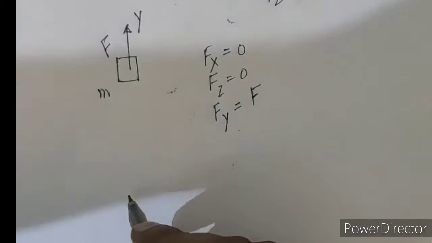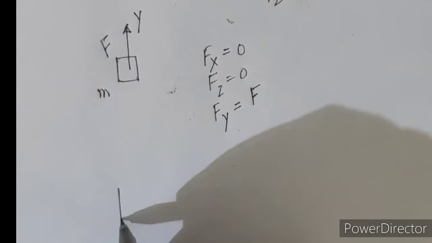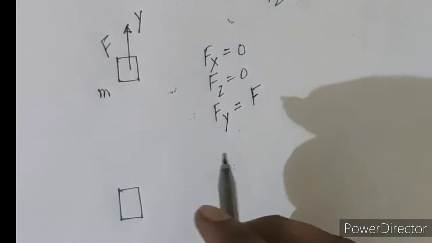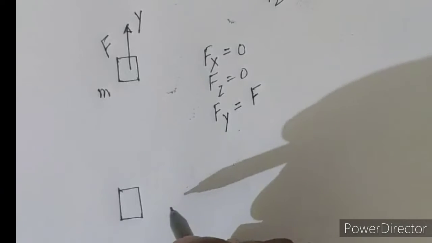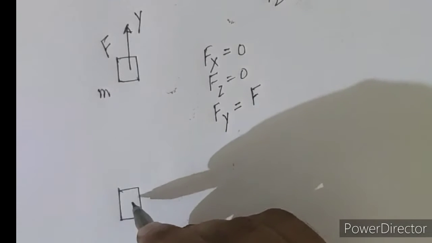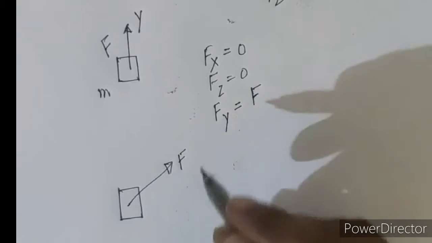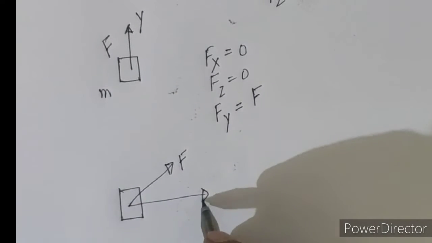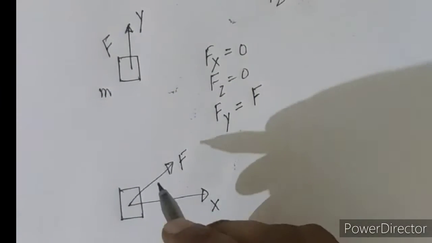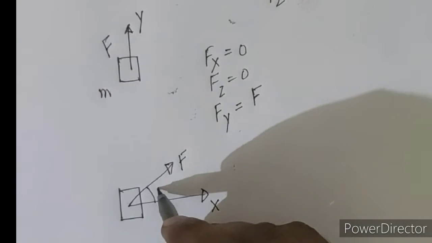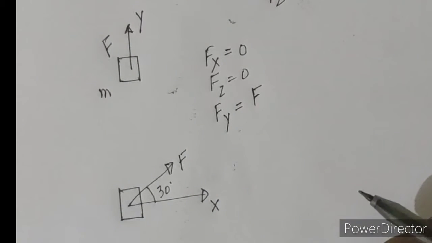Now let's take another example. Instead of applying a force just along x, y or z, say we are applying force in a certain direction. Say the direction is 30 degrees inclined with the x axis.